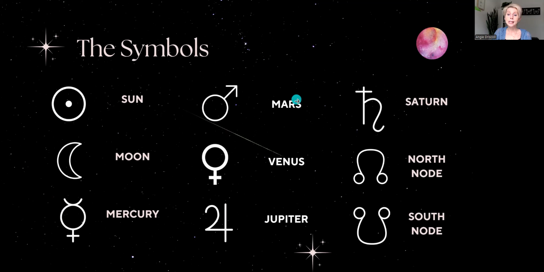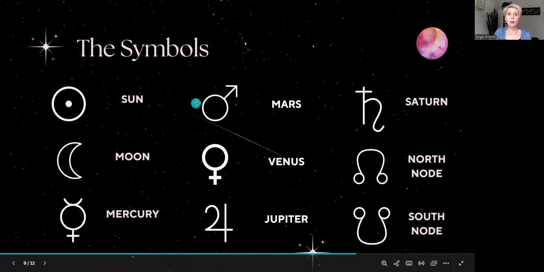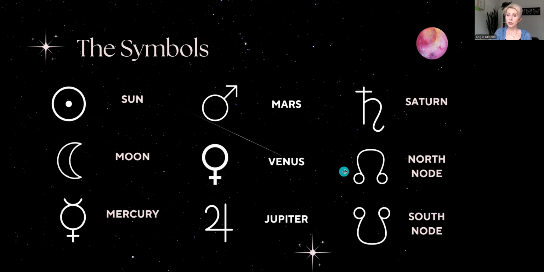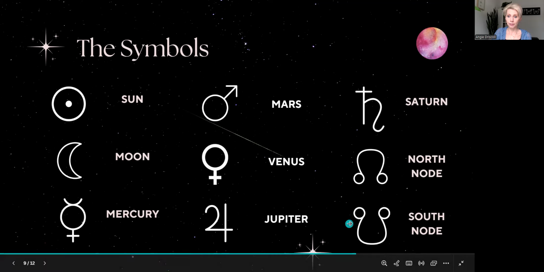All right, so these are the symbols that go with these placements. We're going to look back at my birth chart in a minute and identify where these symbols are. This is the sun, the moon, Mercury, Mars, Venus, Jupiter, Saturn, the North Node, and the South Node.